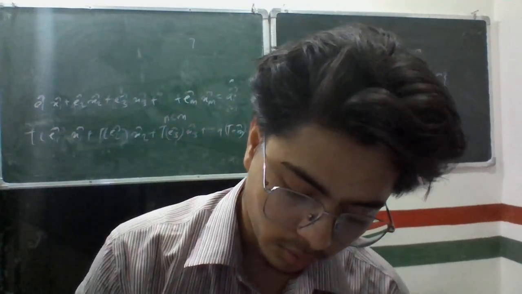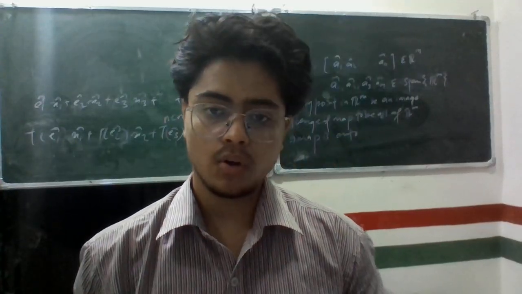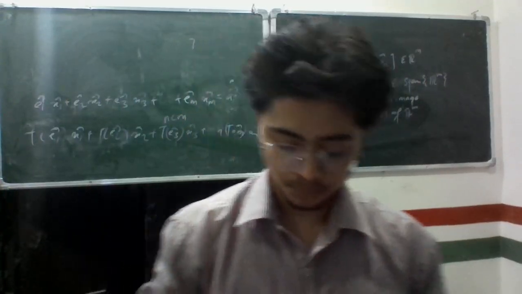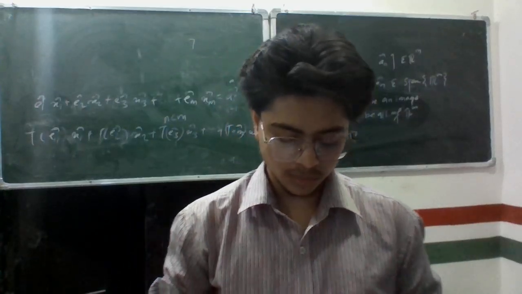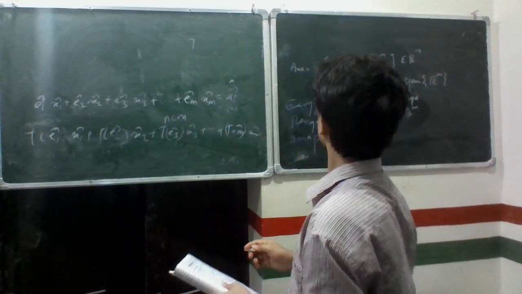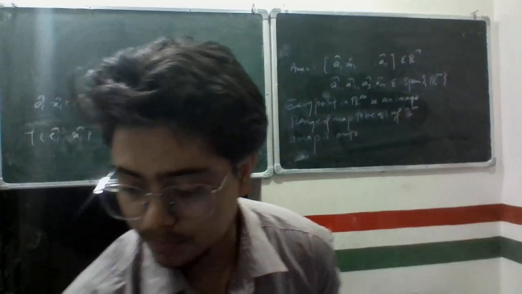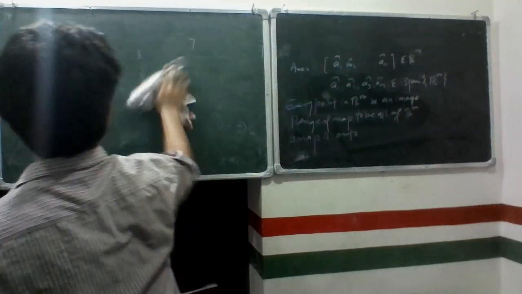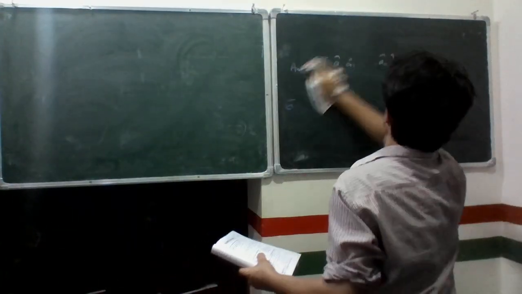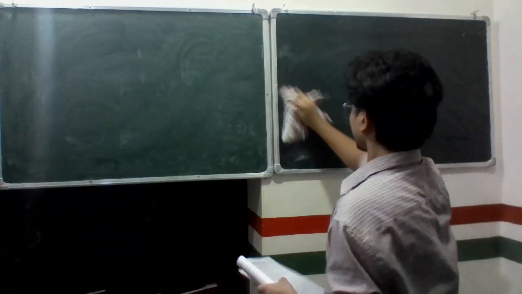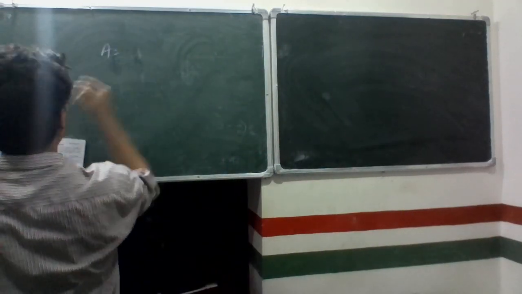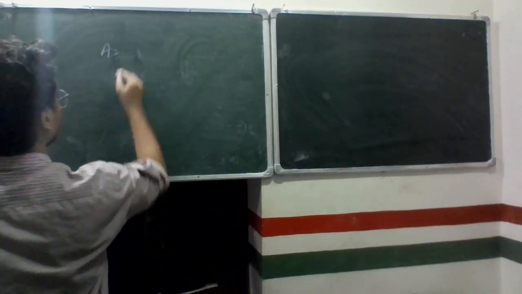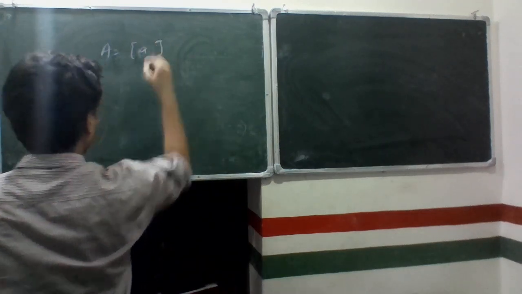We can think of a matrix in the form of column vectors, right? Let's say we have a matrix A, which is denoted by Aij.